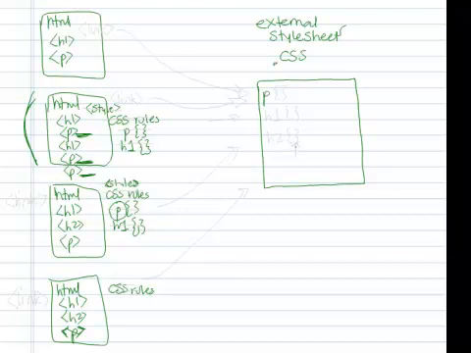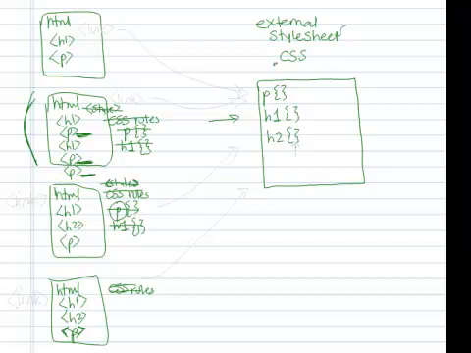I'm going to have my rules for paragraph. I'm going to have my rules for my level 1 headers, my rules for my level 2 headers, and so on. So I don't have to have these style tags in my separate pages anymore. My HTML files are seriously just content. These rules no longer exist here because they all exist in my external style sheet. Okay?